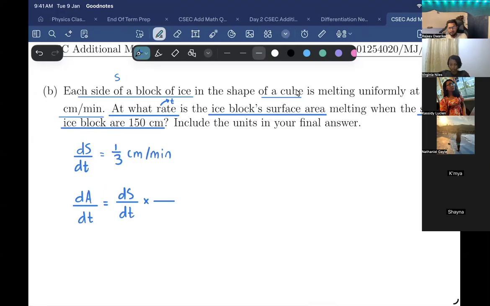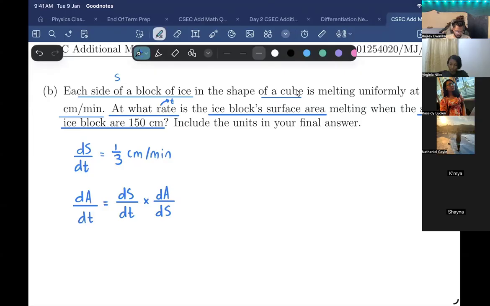So we'll have ds there, and we want dA over dt, so it would just be dA over ds.